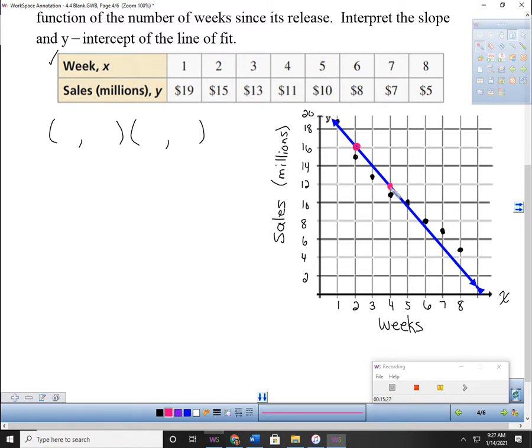It's really close, right? So I'm going to pick those two. Now I could have went with this one. That one looks good, right? And maybe this one. You just want to get 2 points that are on that line. They don't have to be points that are here. All right, is everyone with me on that? Just pick 2. So let's label what these points are. So this point is 2, 16. That's 1 point. And then this one right here is 4, 12.